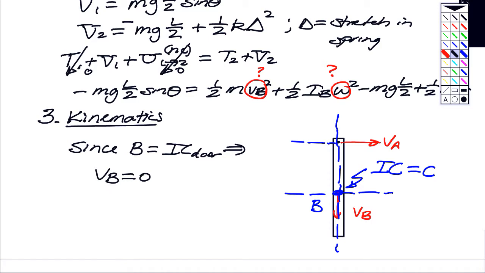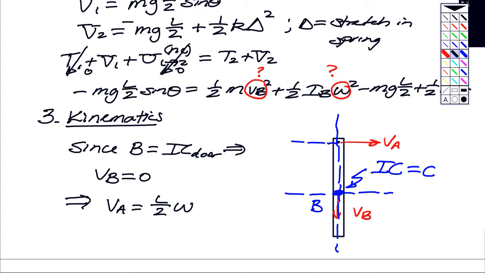And since B is the instant center, the speed of A is equal to L over 2 times the omega of the door. That's the speed we're asked to find.